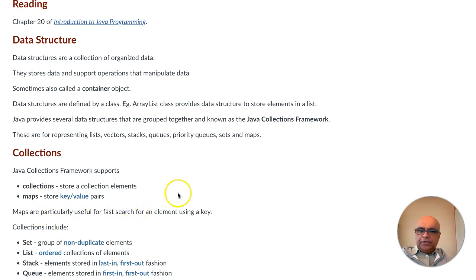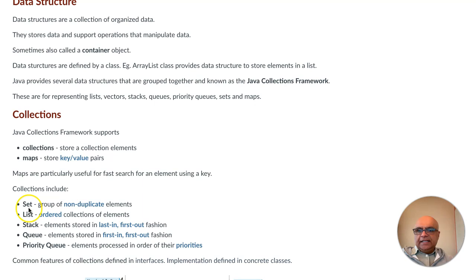So let's talk about collections, right? Collections include things like sets, which are groups of non-duplicate elements. They cannot have duplicates. Lists, these are ordered collections of elements and can contain duplicates, but there's an ordering here. Stack, like the name sounds, is a collection of elements that operate in a last in, first out fashion. So stack of books, the last book put on is the first book that comes off the stack.